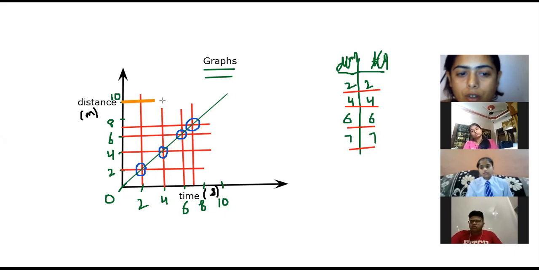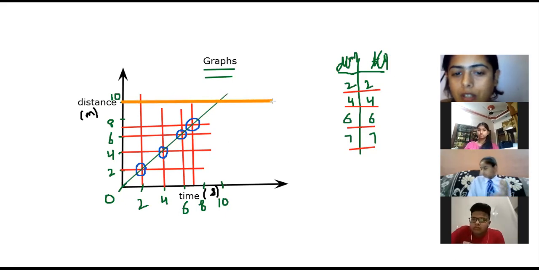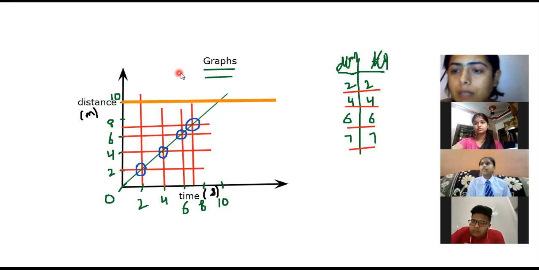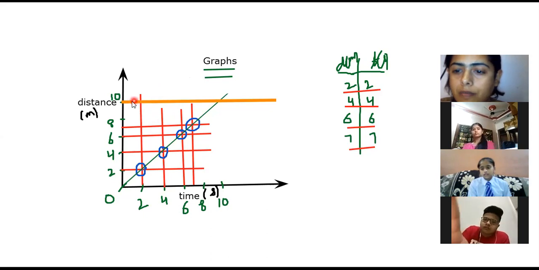Now what if I draw this? This orange line is also a straight line. But this is not the uniform motion. So every time you have a straight line doesn't mean the uniform motion. In this case, are you able to see the spotlight? So when the time is 2 seconds, the distance is 10 meter.